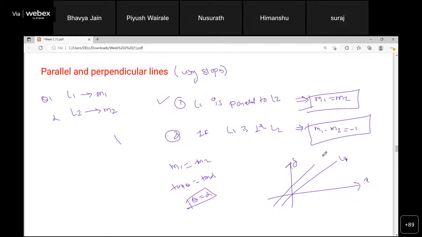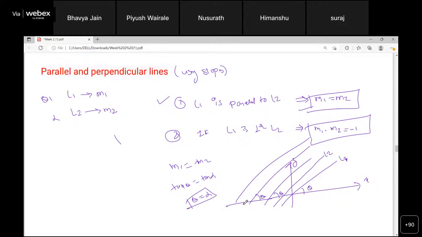This is another line, say L2. Inclination is the same, slope is the same, so these two are parallel lines. I can draw infinite parallel lines. The slope will be the same and the inclination theta will also be the same. Here also theta, here also theta.